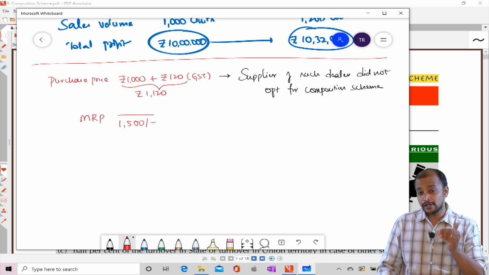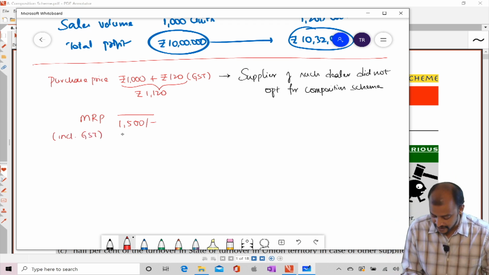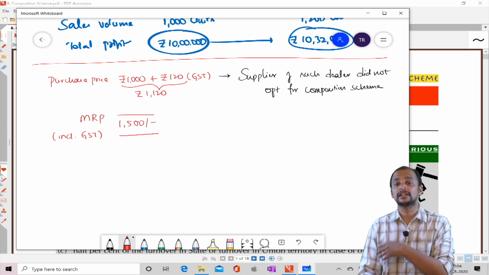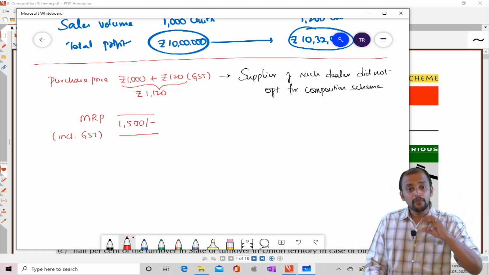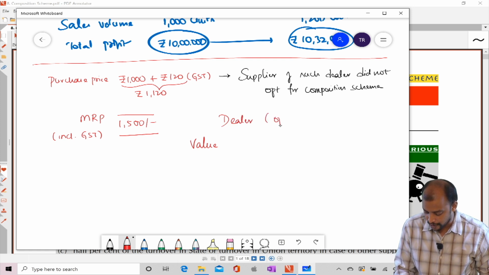Now this MRP of 1500 is also inclusive of GST, because whenever we say the word MRP, that is inclusive of all taxes. What is his value addition? The dealer who opted for composition scheme, what is his value addition here?